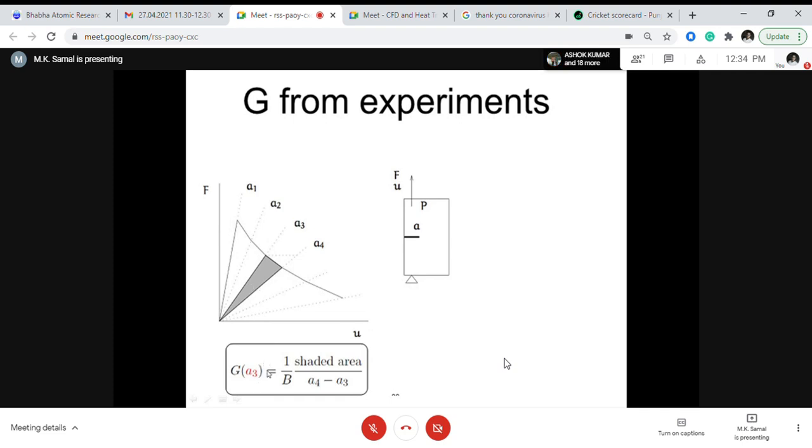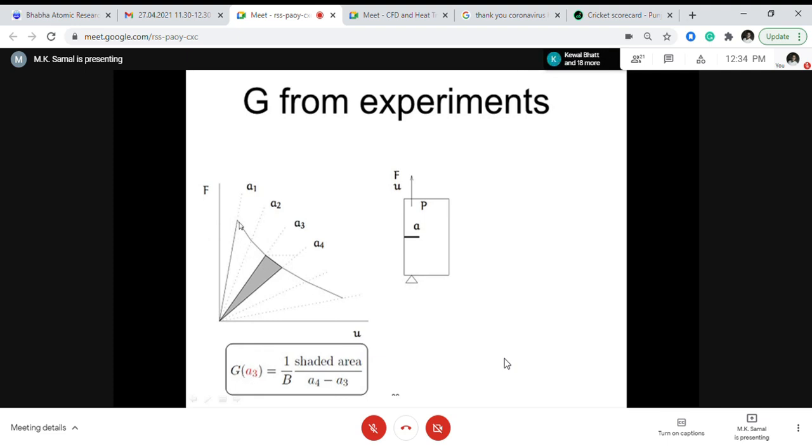That is nothing but the shaded area under the load displacement curve, the total energy, divided by B, the thickness, times a4 minus a3, the crack length. The product of B and delta a is the additional crack area that is created. So the numerator is the total energy released divided by the area. This is the energy release rate at point a3.